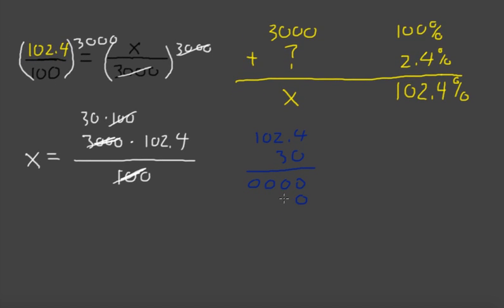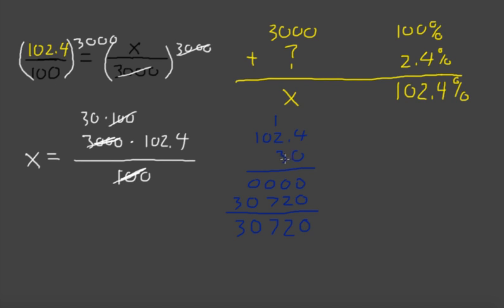All right, so this is 3 times 4 is 12. Add a 1. 3 times 2 is 6. Add a 1 is 7. 3 times 0 is 0. 3 times 1 is 3. So what we have is 0, 2, 7, 0, 3. A little sloppy, but that's okay.